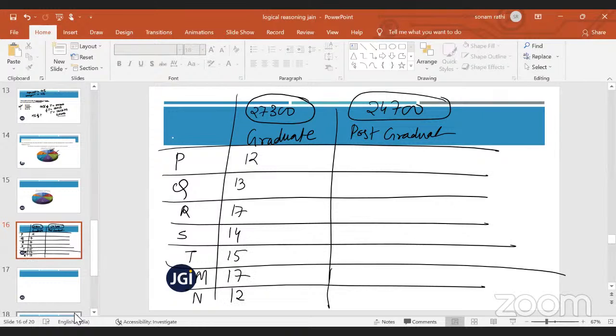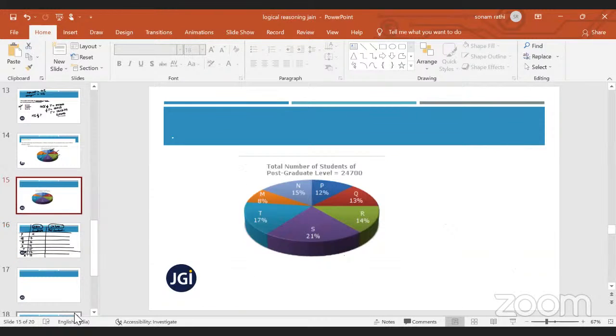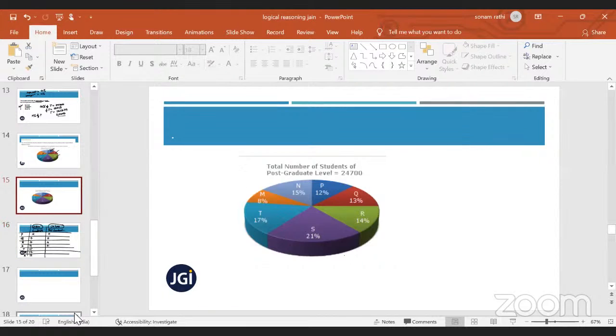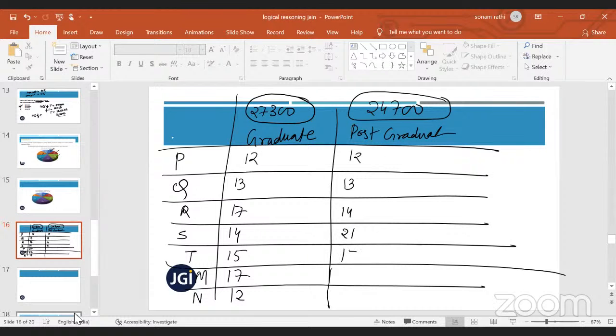For postgraduate, 12, 13, 14, 21, and 17, 8, and 15. See, this is given to you in percentage.